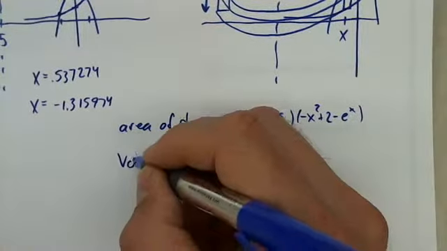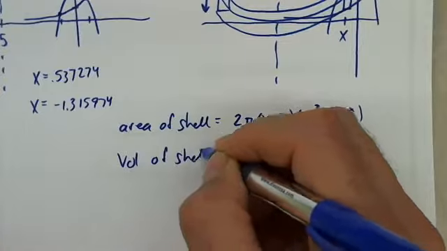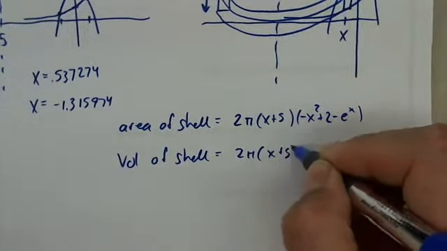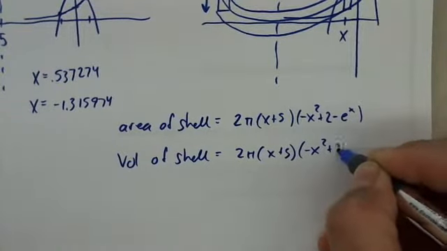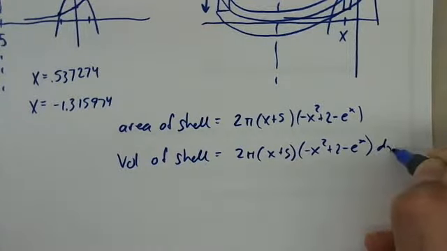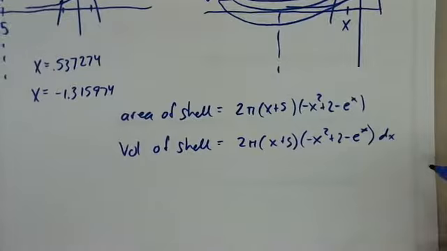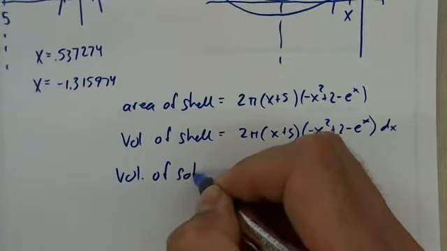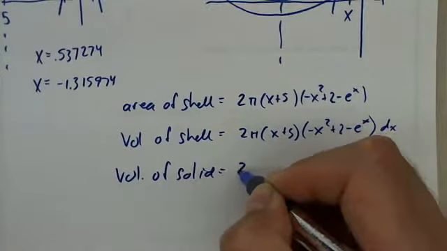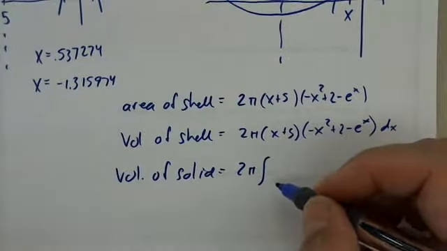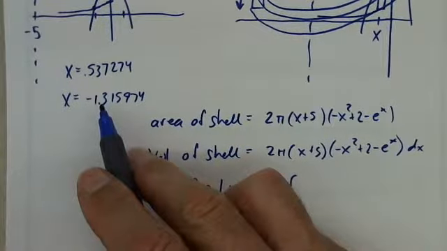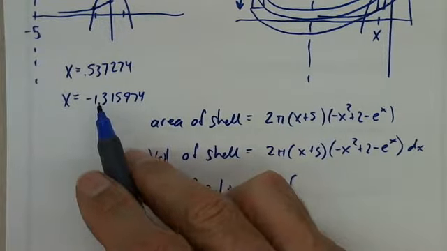Let's find the volume of a shell, and it's the same thing times dx, and then we'll do the volume of a solid, and that is the integral. We're going to integrate along the intersection.